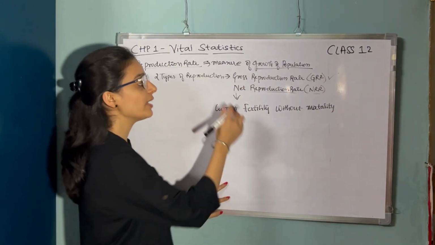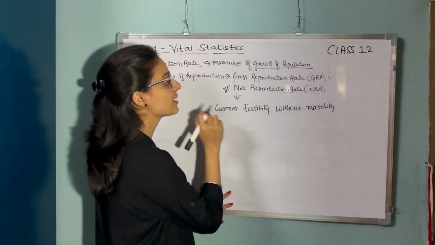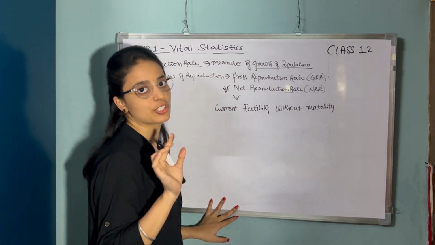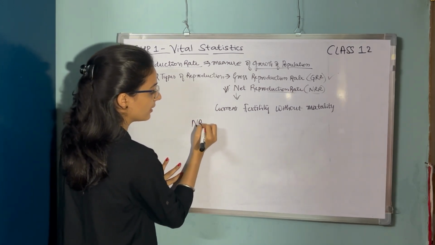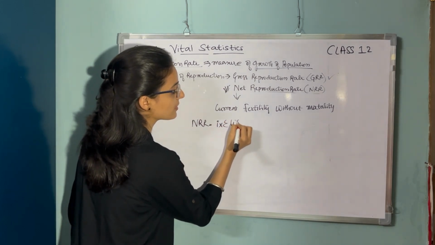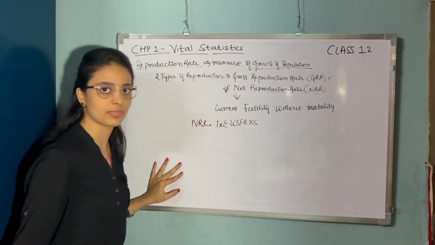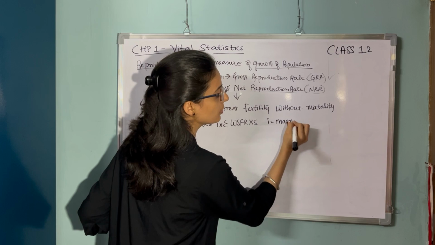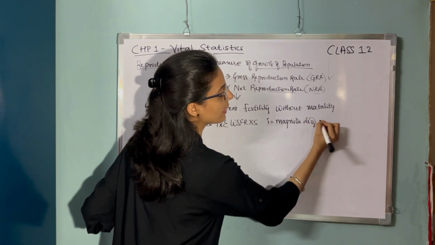Now, when we are speaking of NRR, mortality is considered. It is the number of women who pass throughout their childbearing age, right? So the formula for NRR is I into summation WSFR into S. Here again, I stands for the magnitude of the age group.